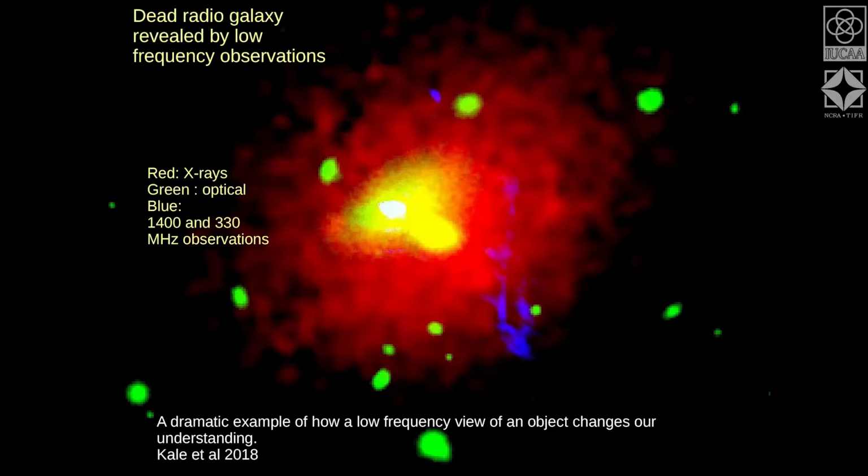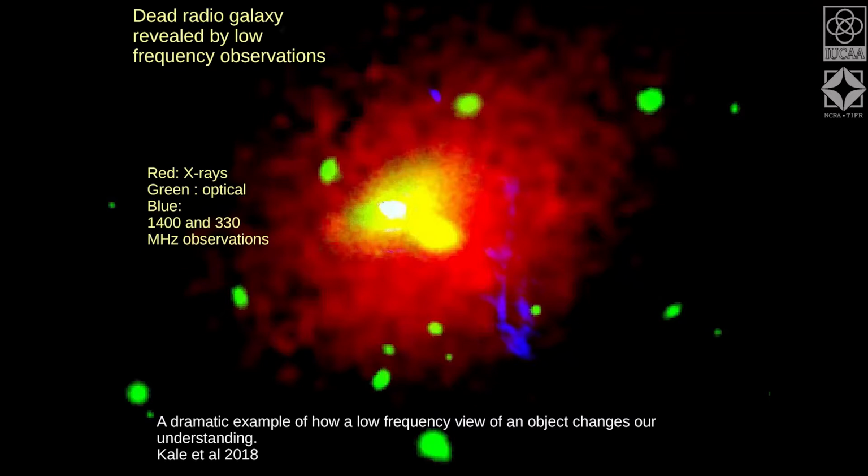So this is what has happened here, and what is blinking is the emission detected in two radio bands of the GMRT. This little filamentary thing is actually a detection of that source at 1.4 gigahertz, as compared to this large cloud that we detect at 330 megahertz.